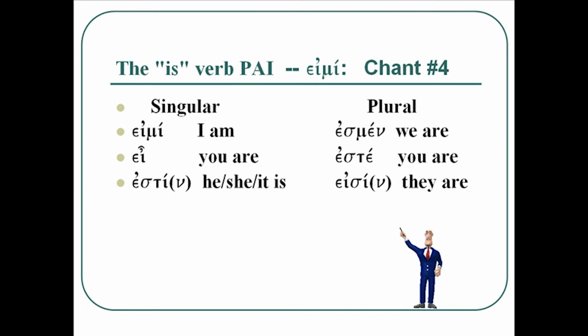First person plural is esmen, we are. Este is second person plural, you are. Eisin is third person plural, they are. This verb is extremely important, used all over the New Testament, so we'll just learn to chant through this and get this down cold.